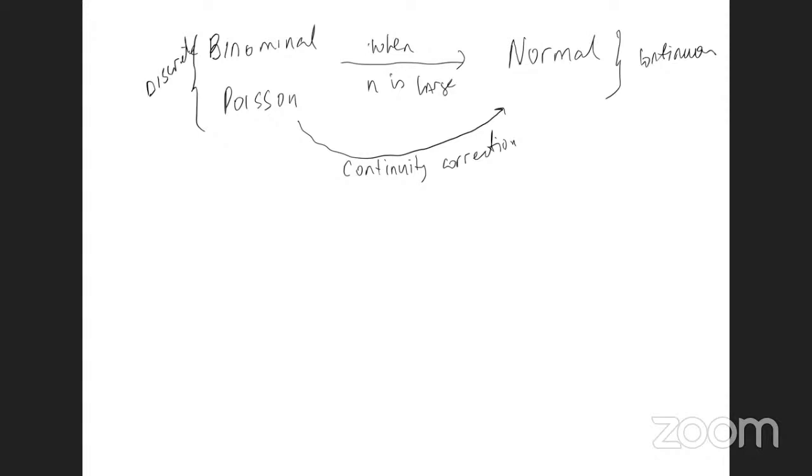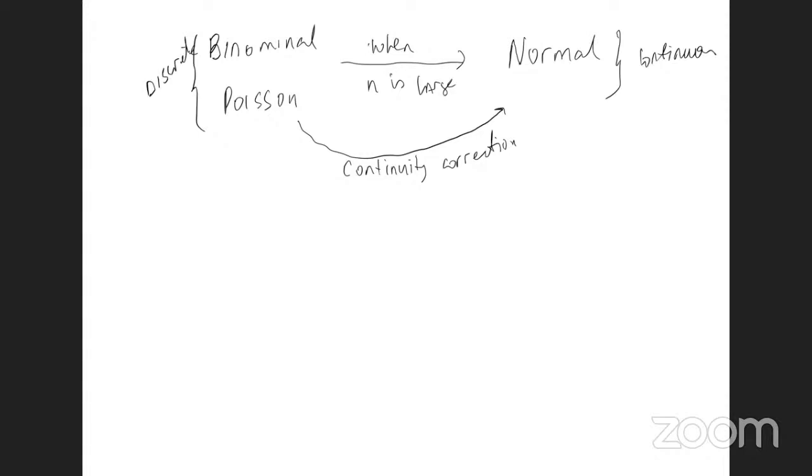Okay, so I just want to do a couple of examples like that, and then we will go into the past papers. Make sure you have your normal table because you'll need it now.